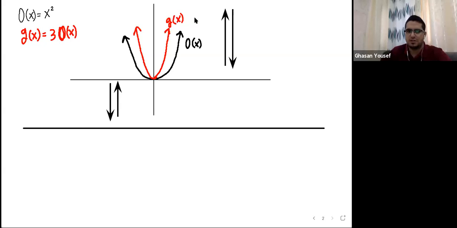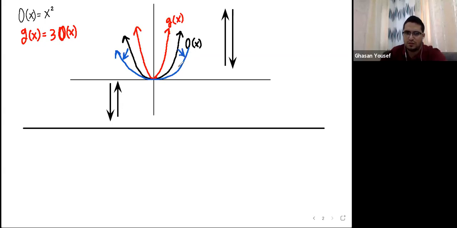If the question is shrinking, you have to push the function, the black one. If the question is shrinking vertically, so vertically like these arrows, up and down, shrinking means we have to push the black function toward the x-axis. It's going to be like this.